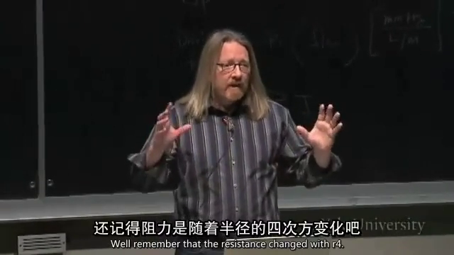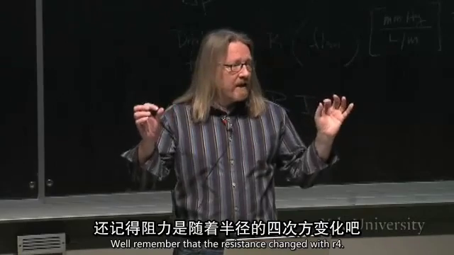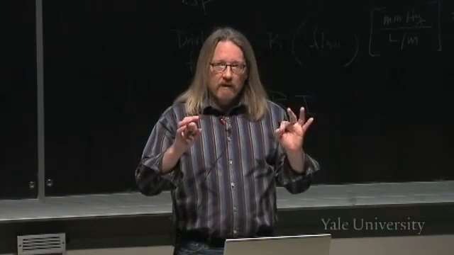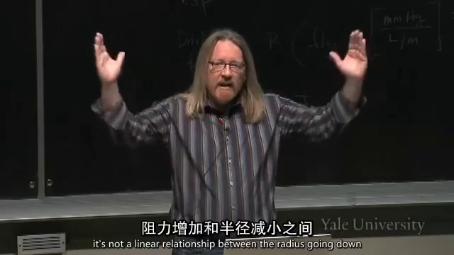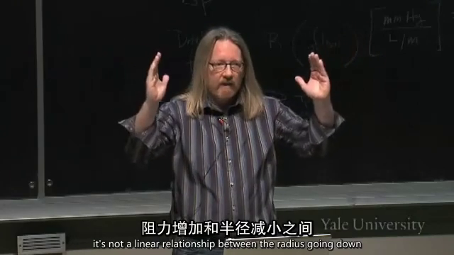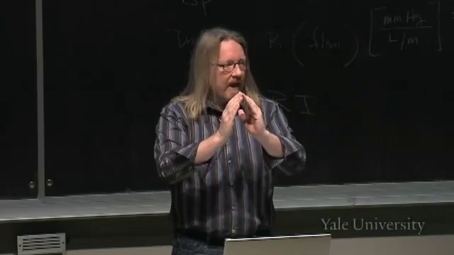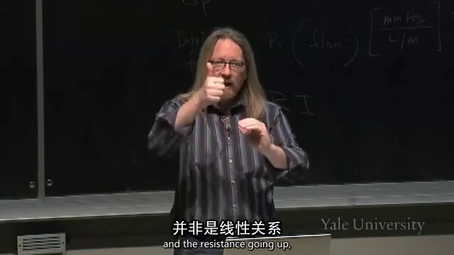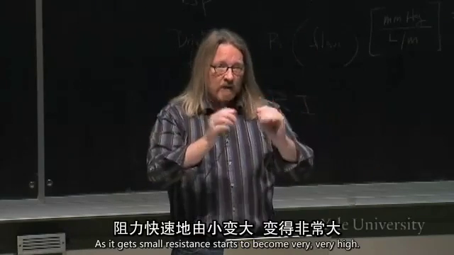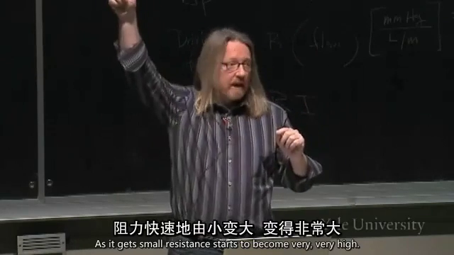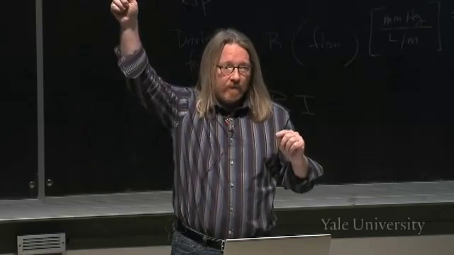How could that be? Well, remember that the resistance changes with the radius to the 4th power. And that means that as the radius goes down, it's not a linear relationship between the radius going down and the resistance going up. It's a 4th power relationship. So as it gets small, resistance starts to become very, very high.